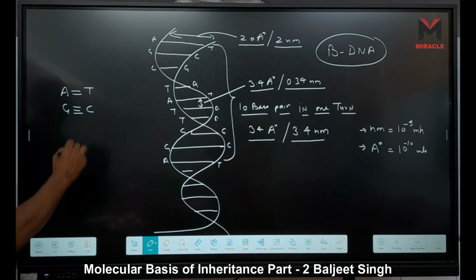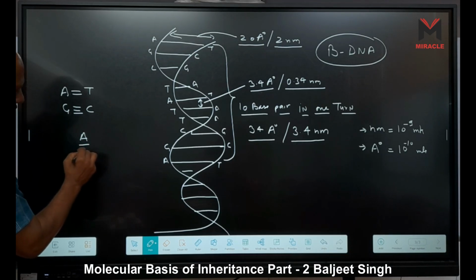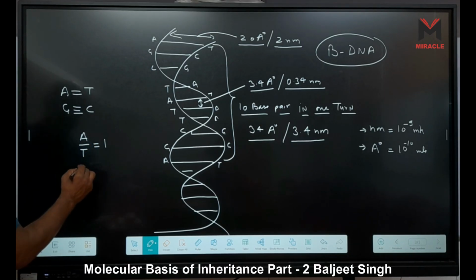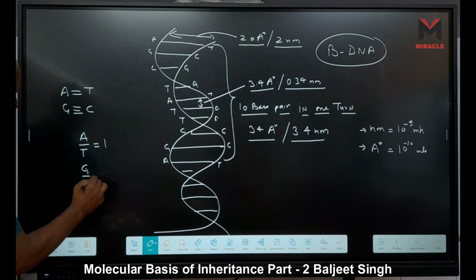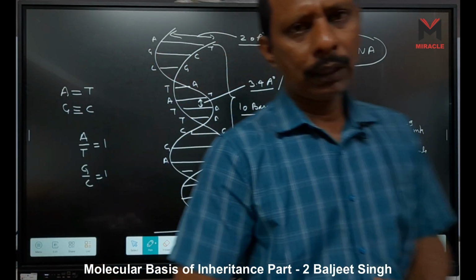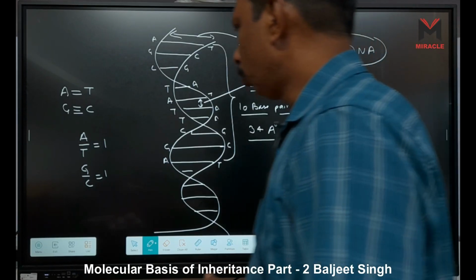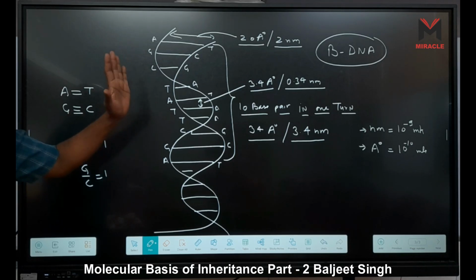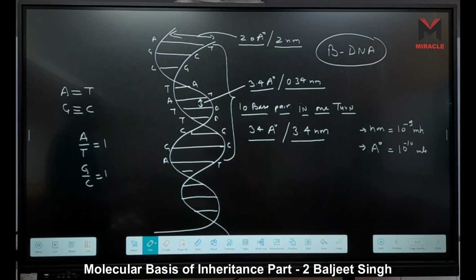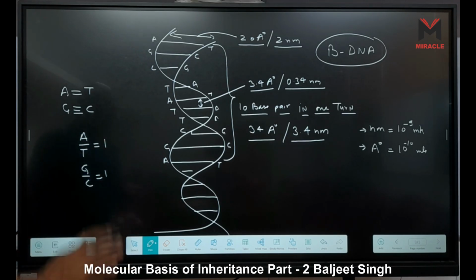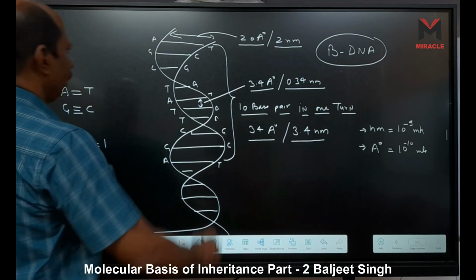That means if I write here A upon T is equal to 1, that is correct, or C upon G is equal to 1, that is also correct. Right? You understand? This is the model given by Watson and Crick. So they got the Nobel Prize for this DNA structure. One more thing he said: polarity.